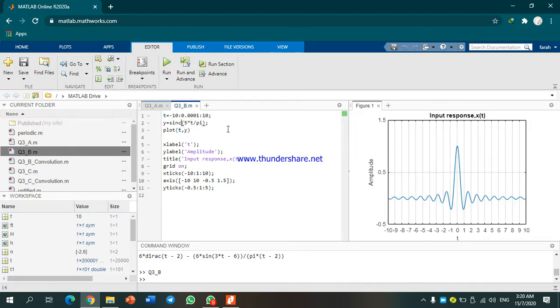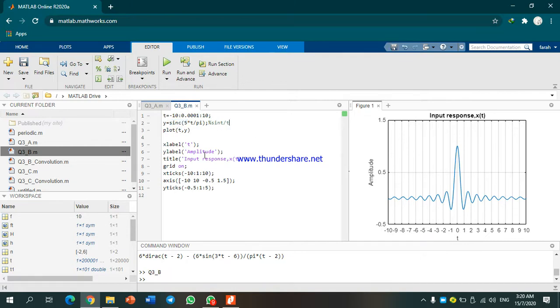This sine is sin(t) over t. This is how we got the sine, but I just used the formula.